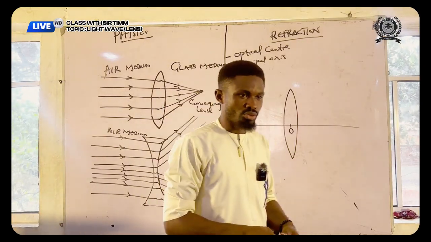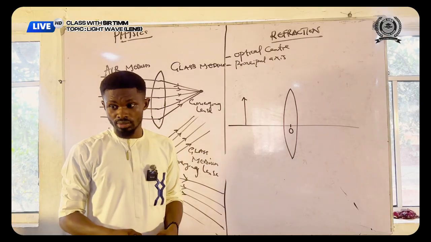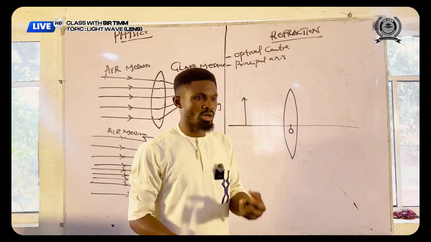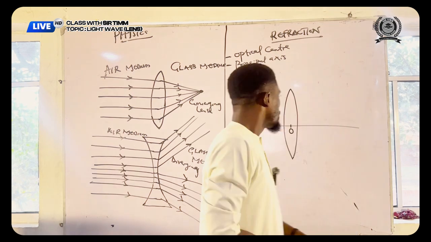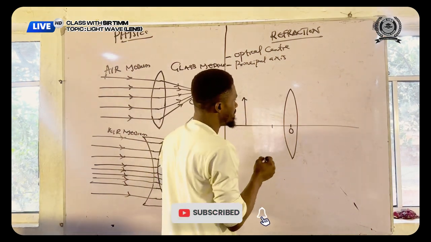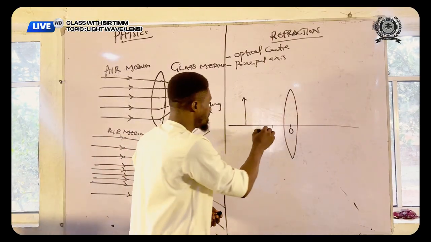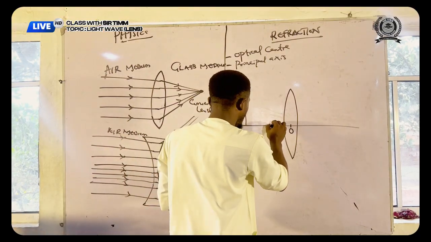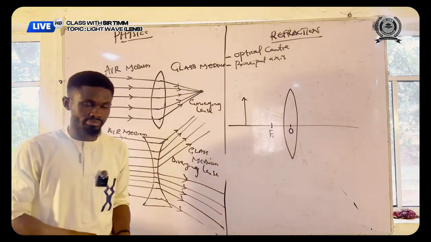Now look at the board. In mirror, we measured out 3 centimeters. In lens, you measure out 2 centimeters. So from the optical center to this place, I'm measuring out 2 centimeters. And here, I will call it the principal focus, F1.